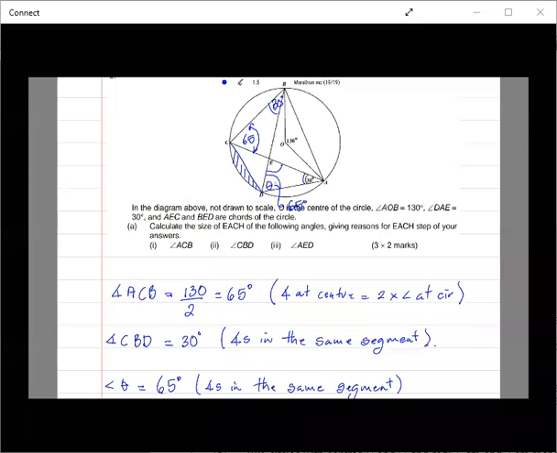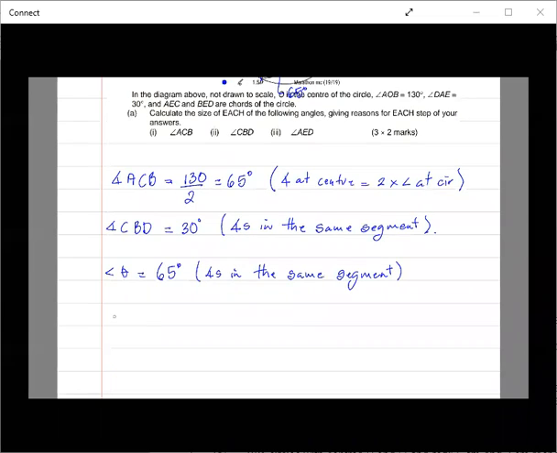Now, the three angles in a triangle must add up to 180. So 65 plus 30 plus the angle at E must add up to 180. So it means that angle AED is equal to 180 minus 65 plus 30, and they are the interior angles of a triangle.